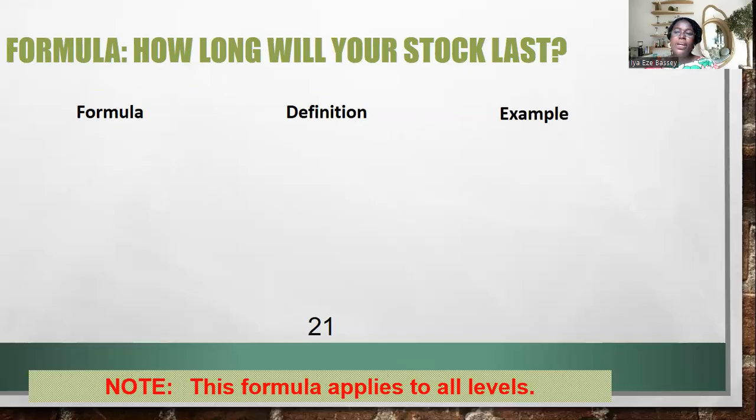Before we get to how long we think our stock will last, we want to ask, how often do you think this physical count should be done? Well, it should be conducted at least once a year if you have a program that doesn't really have problems.